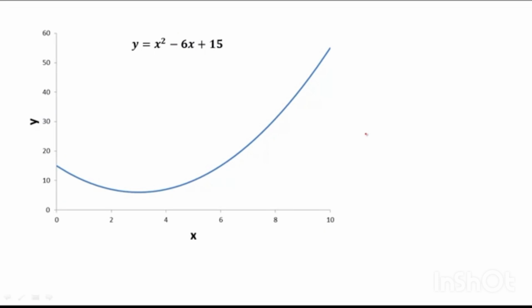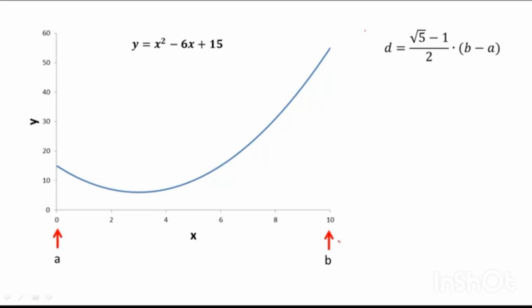So I've got a function here, y equals x squared minus 6x plus 15, and the interval I'm going to work with has 0 as our a and 10 as b.